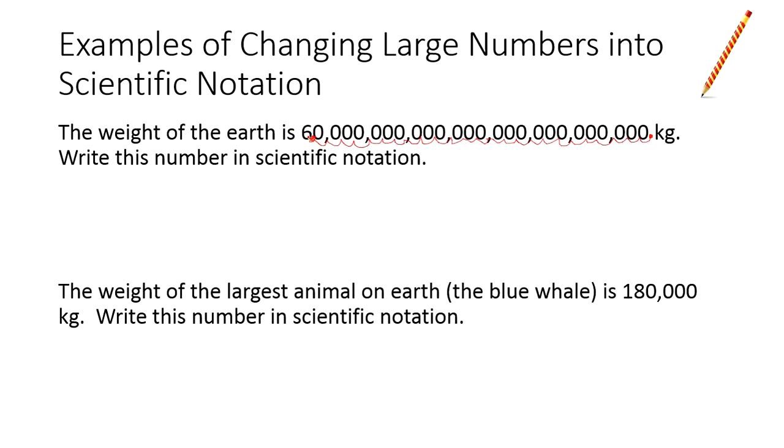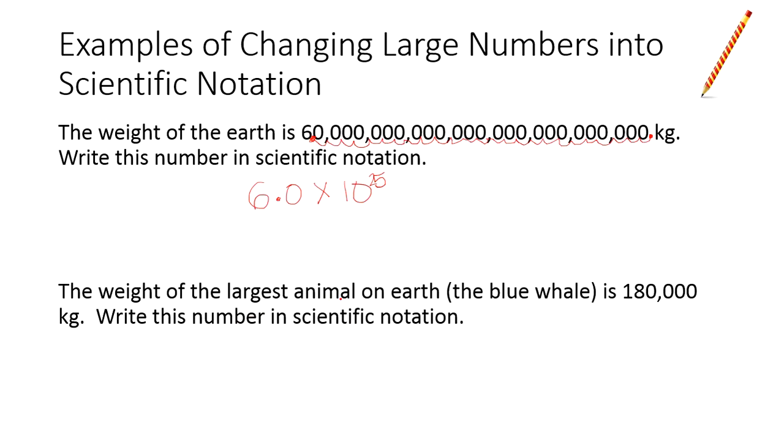Notice this number 6 is less than 10 but greater than 1. So that's why it can just be in front. So I'm going to have 6.0 times 10 to the 25th power, because it took us 25 jumps. Think of that: it would be this number with 25 zeros attached. This times that would get me that. That's ultimately what we're doing.